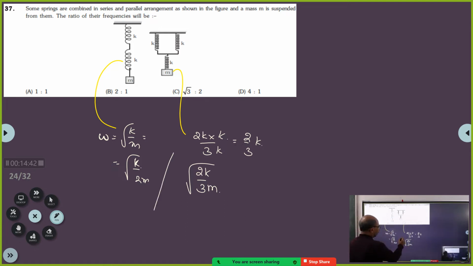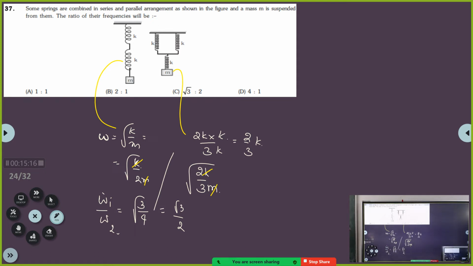So if you take the ratio of these two, the k's will get knocked off, the m's will get knocked off, and this is 1 by 2. So this will go up and this will go down. Because this is upon this, this will become root of 3 by 4, or as per the answer it is root 3 by 2. This is going to be the ratio of the two frequencies, omega 1 by omega 2. Correct?